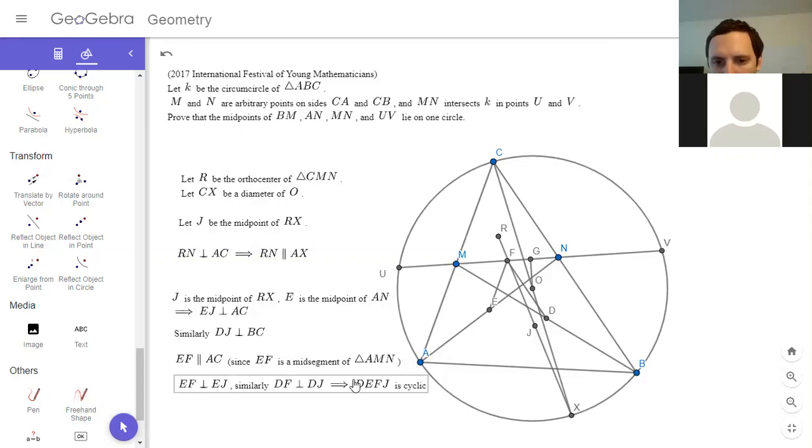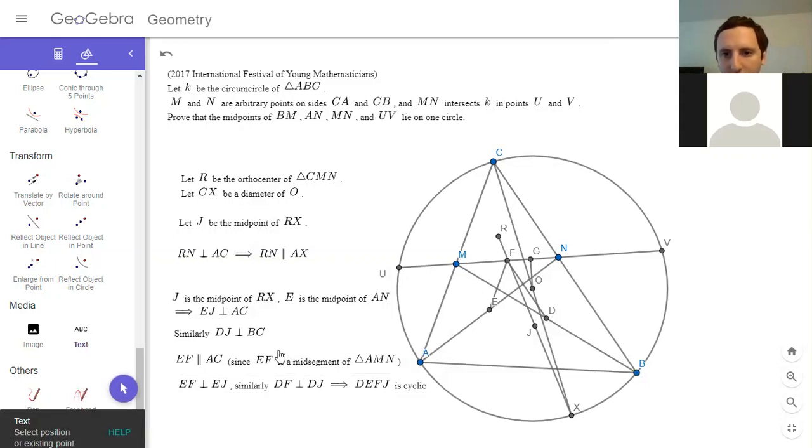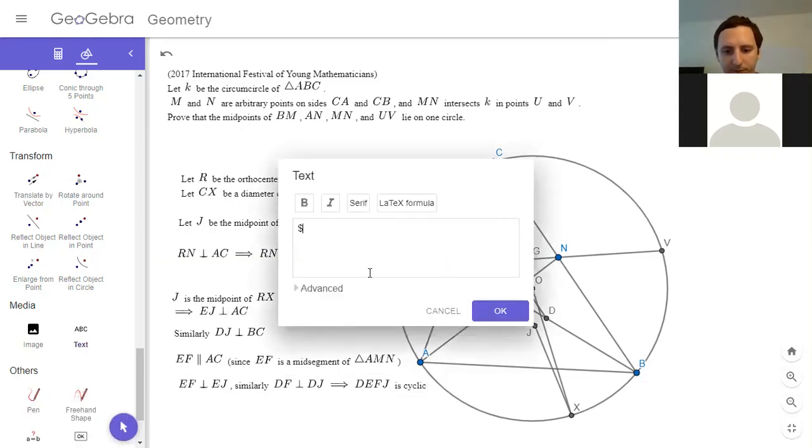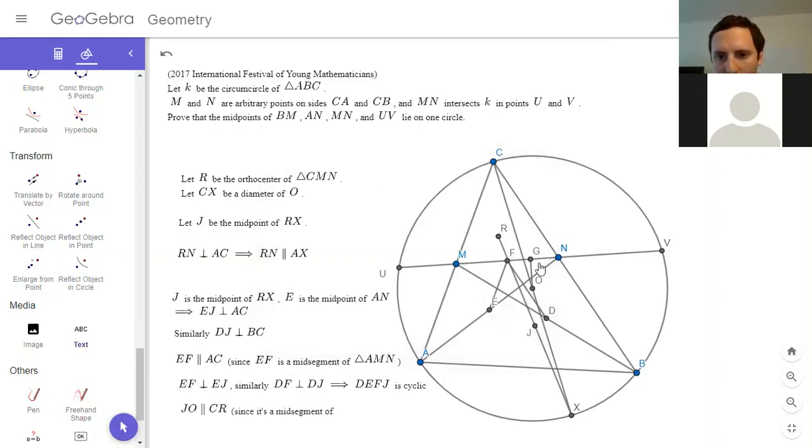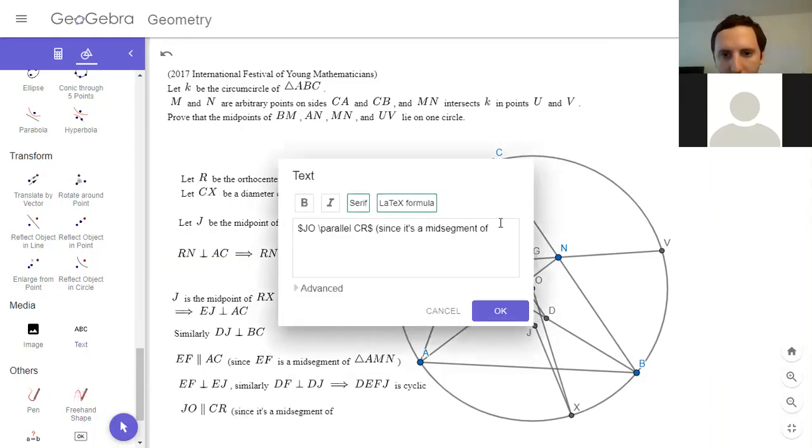We see that JO is parallel to CR because both of them are midpoints, in triangle CRX.